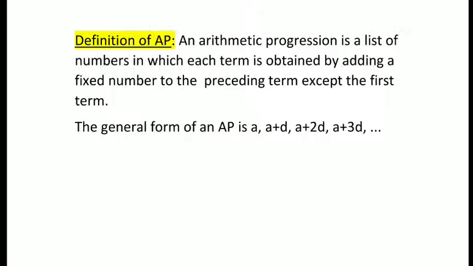The second term minus the first term, A plus D minus A, is easily D. The third term A plus 2D minus the second term A plus D again gives small d. Again, the fourth term minus the third term, A plus 3D minus A plus 2D, gives D. So this is the general form of AP.